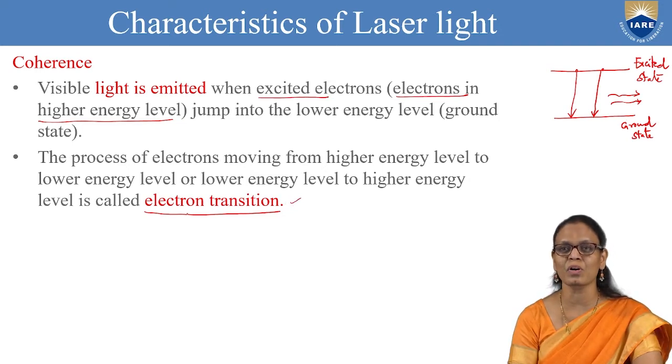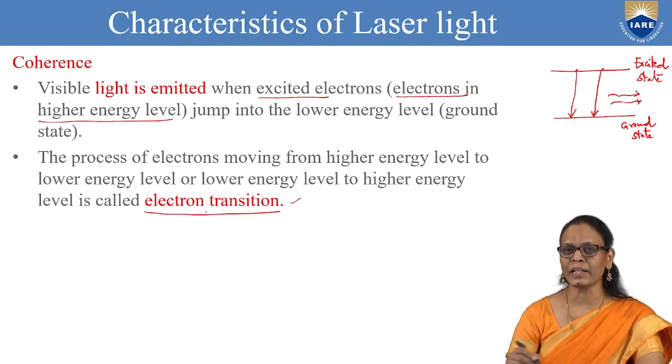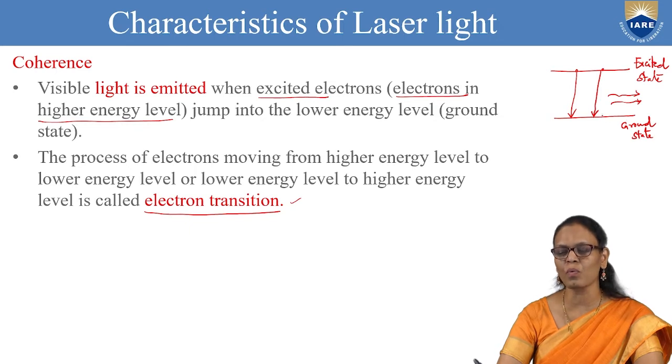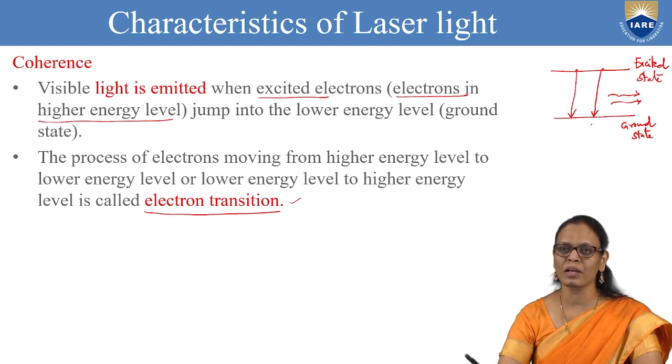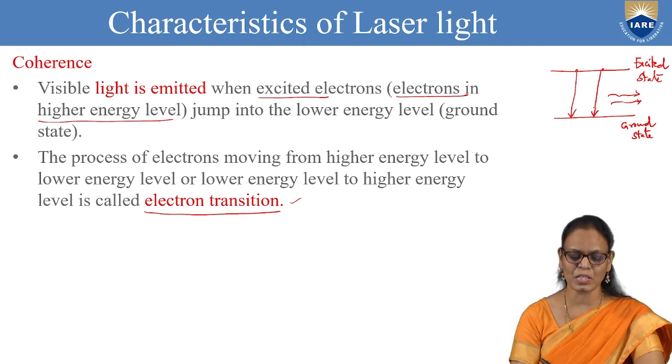Electron transition here means either the electrons going from lower to higher energy level, that is, they are getting excited, or the electrons already in the excited state coming to the ground level, from higher level to lower level. So this is what we call electron transition between different levels.